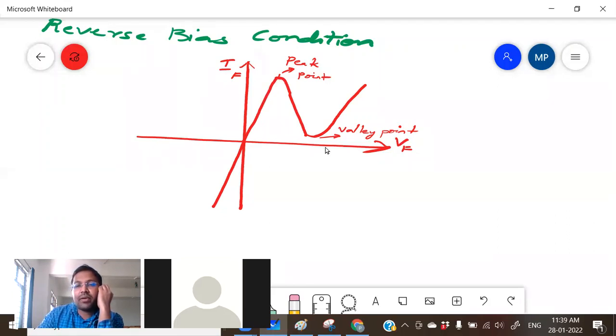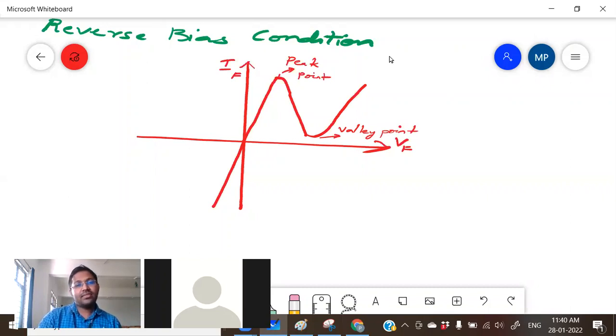Next, between peak point and valley point, what is happening? When voltage is increasing, current is reducing. So what does that mean? Negative resistance because of negative slope. And after valley point, again voltage increases, current increases.